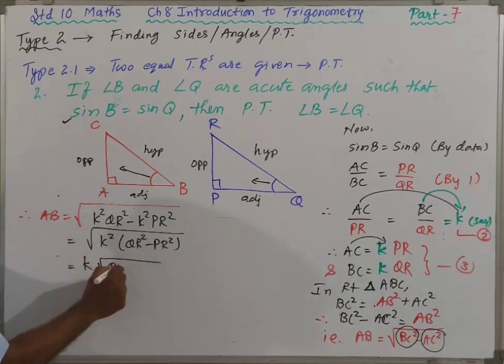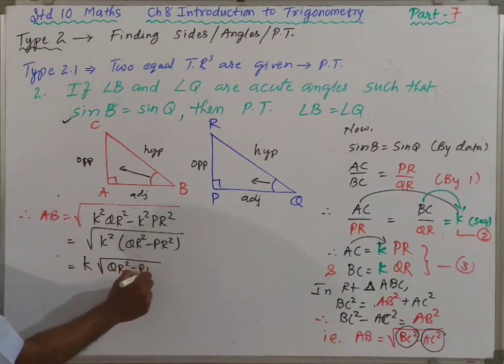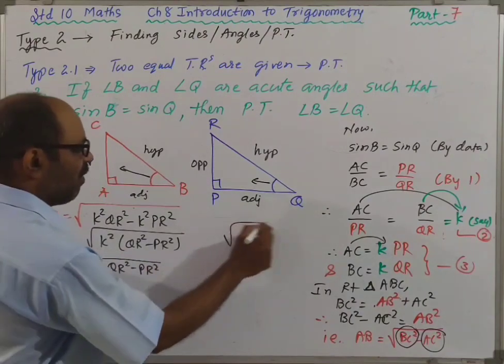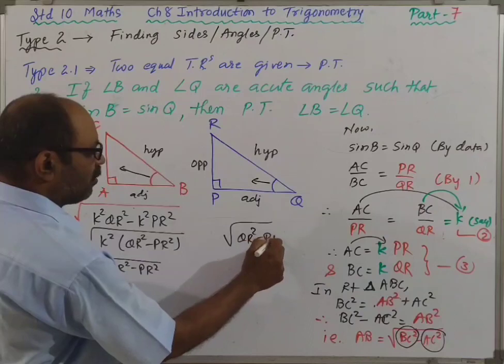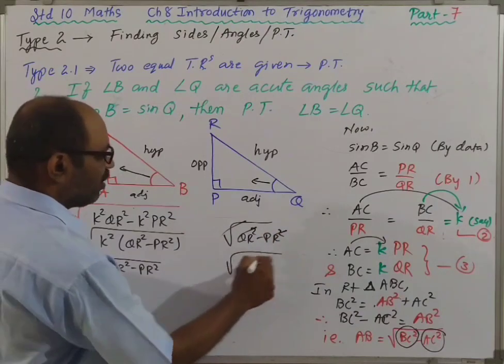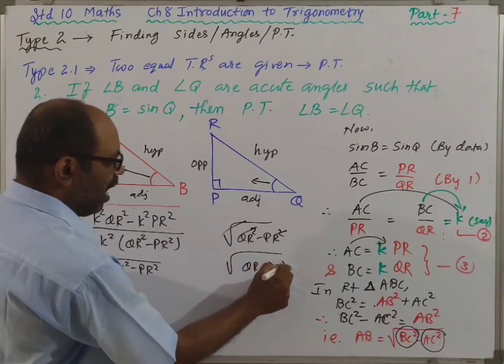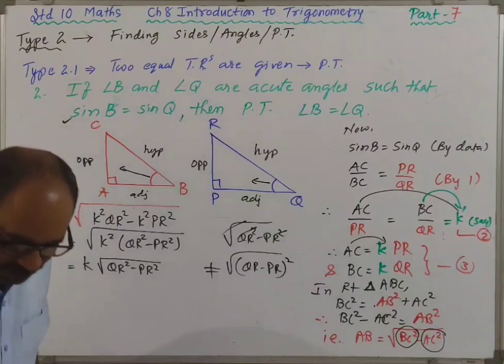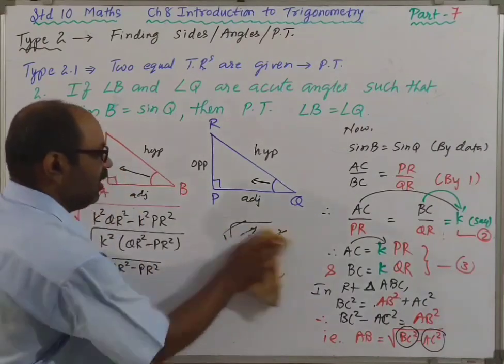Or ये it will remain inside. QR square minus PR square. ये bracket लिखने की जरूरत नहीं. Some children make mistake. Square root of QR square minus PR square, they cancel this square root. नहीं. ये QR minus PR whole square नहीं है. That is not equal to that. So be careful. Okay. चलिए.